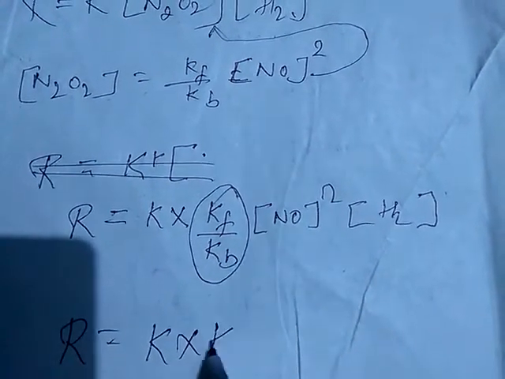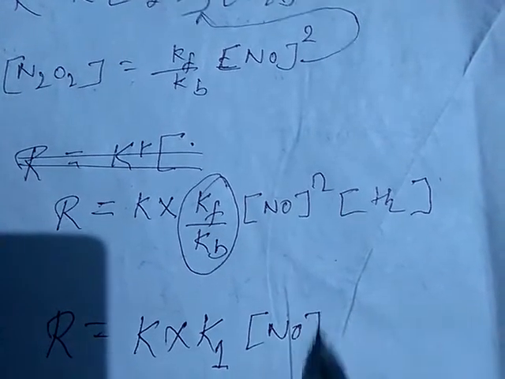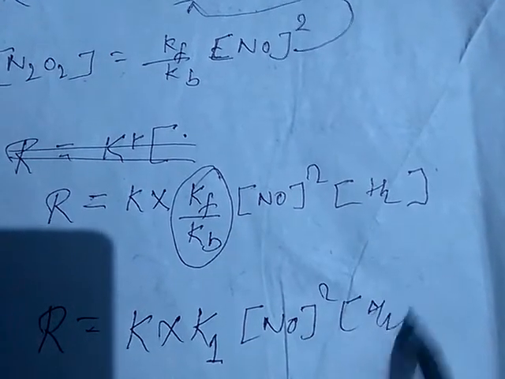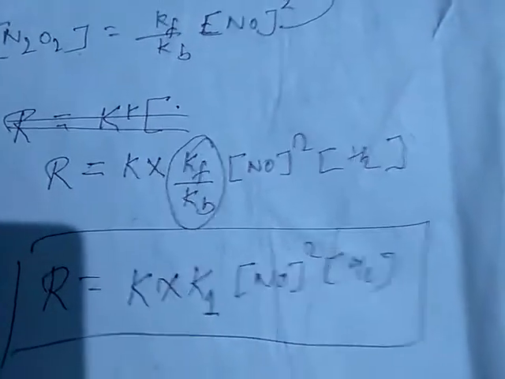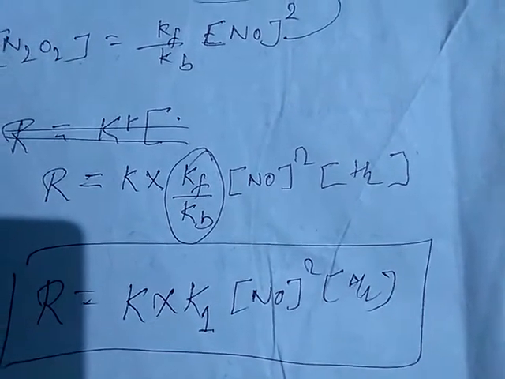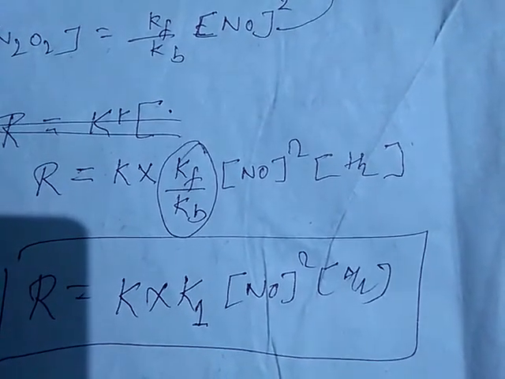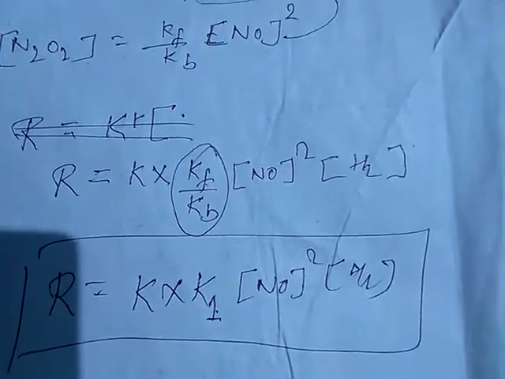Now if we want to remove this Kf by Kb, R is equal to K into, let it be K1, NO square H2. So this is the final expression for the rate law for the complex reaction, and this final expression contains another constant K1, which is in the place of Kf by Kb.